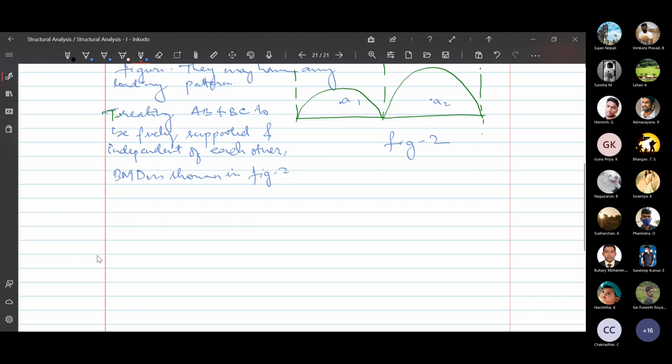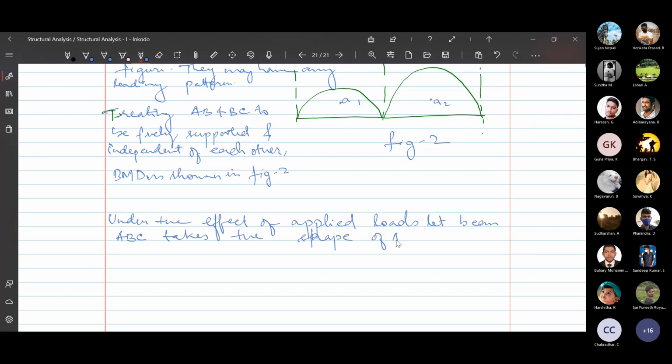So under the effect of applied loads, you can write as the next point, the whole beam ABC takes the shape of A dash, B dash, C dash.